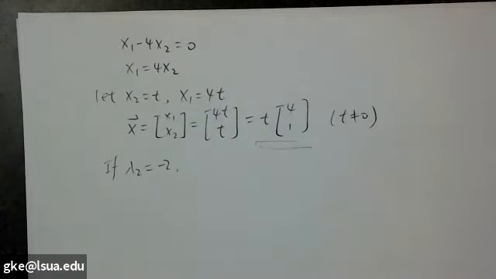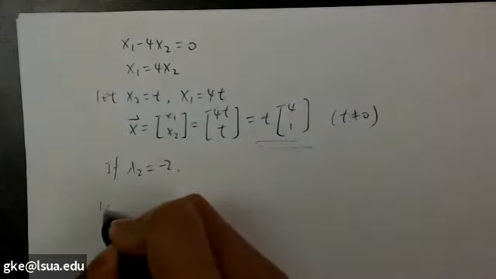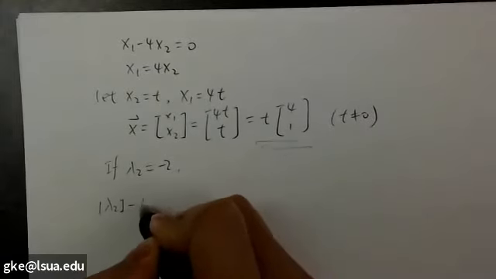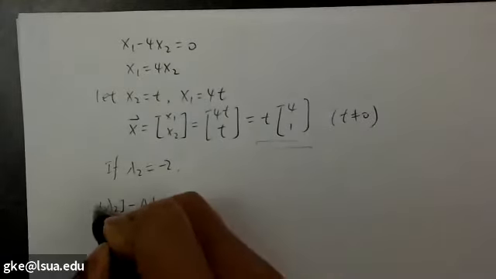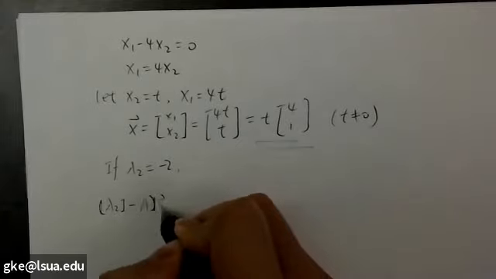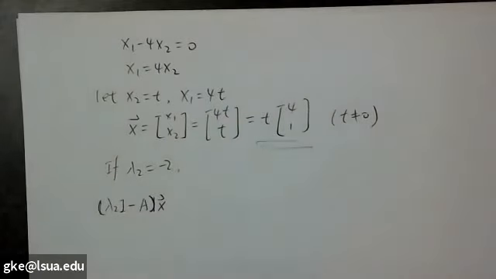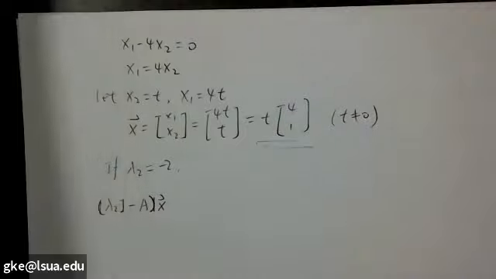Okay, guys, I'm gonna give you time to finish these problems. Let me do it on the board. So for this guy, lambda 2I minus A times x. So what do we have?